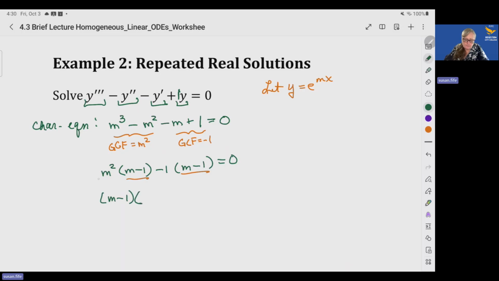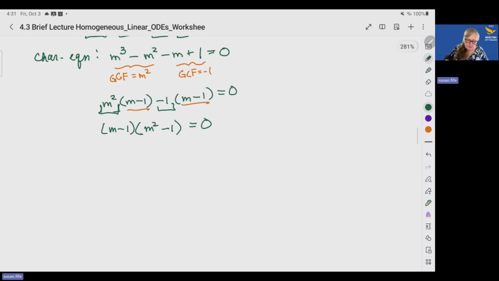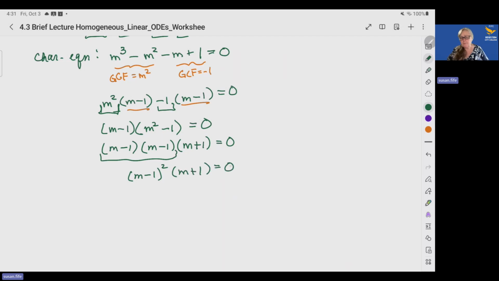And that leaves us with m squared minus 1. And then m squared minus 1 is the difference of squares. It factors into m minus 1 times m plus 1. So here I can combine those two m minus 1 factors to get m minus 1 squared times m plus 1 equals 0. From here, I get two solutions.